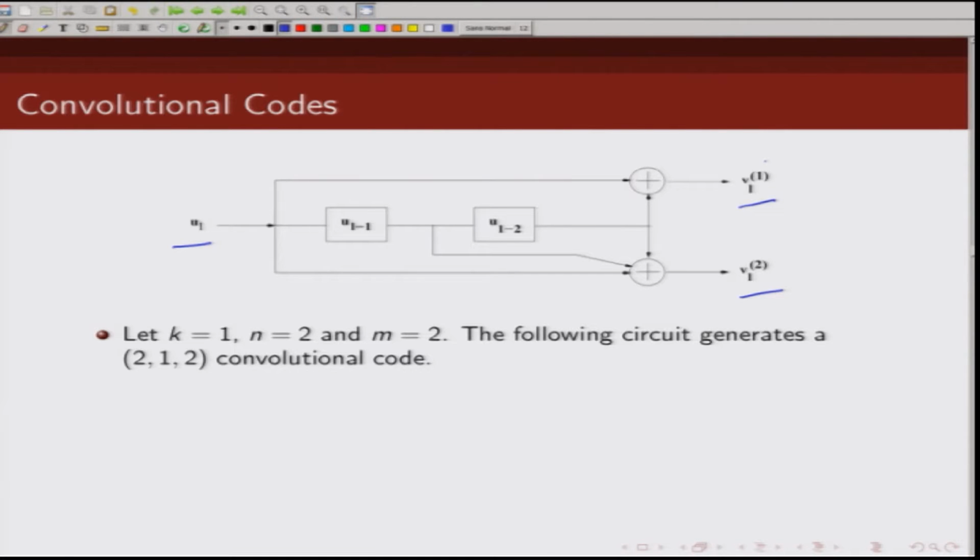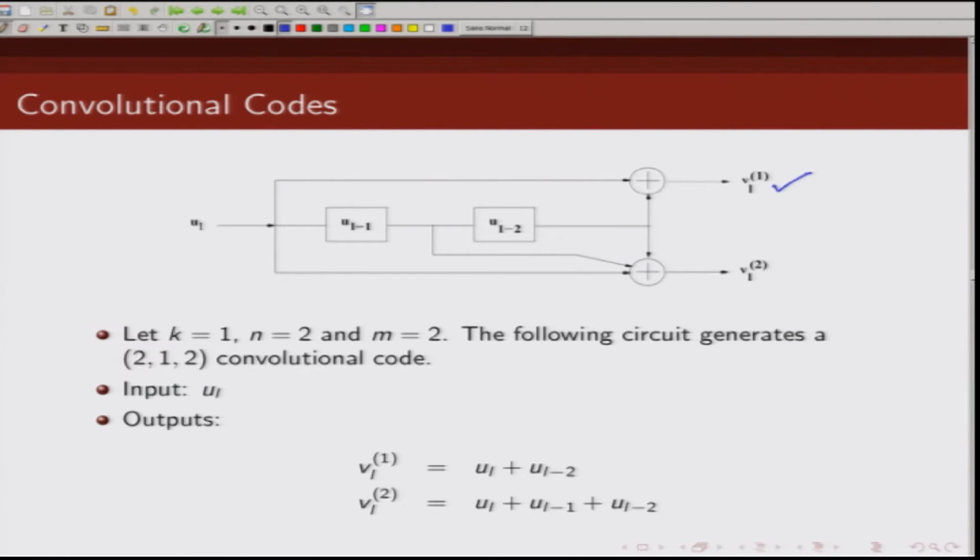The current output not only depends on current input, but also depends on past two values of the input. So, this is an example of a (2,1,2) convolutional code. n is 2, there are two outputs, k is 1, one input, and memory order is 2, because the output depends on past two values of information sequence. So, you can see here the first output, which is v l1, it is basically u l plus u l minus 2.